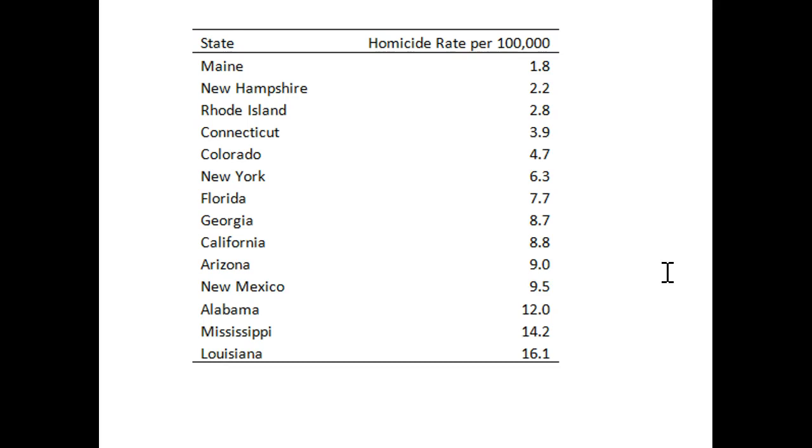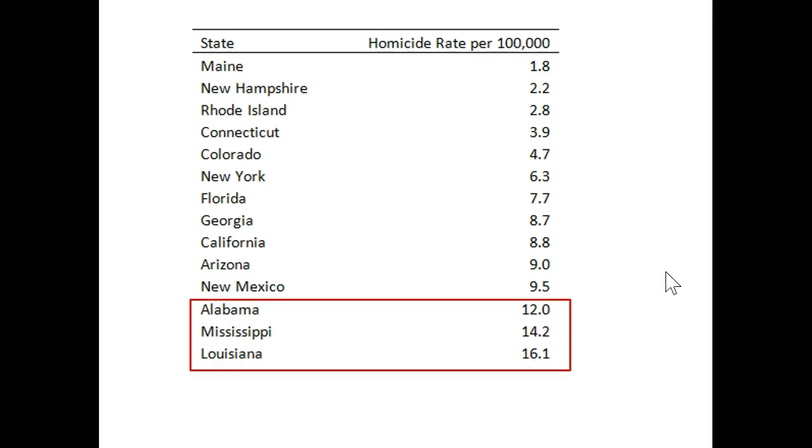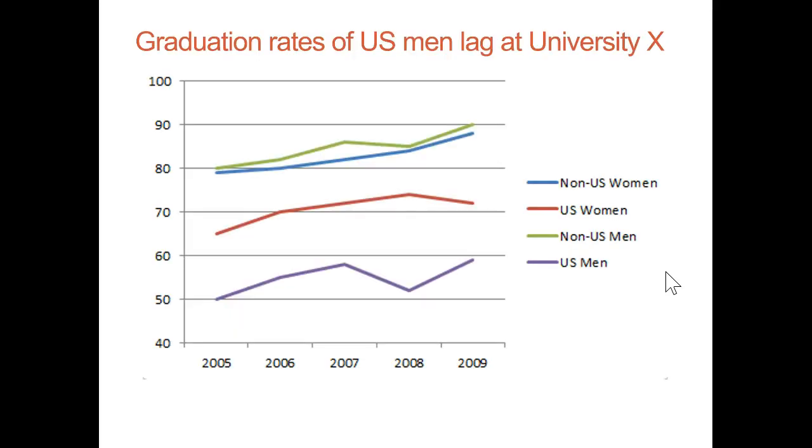Here's the homicide data. If I add some emphasis and put a box around this, your eye is immediately drawn to these 3 states at the bottom. A line graph, we have some non-data ink on here as well. These horizontal lines are competing with our ability to see these.